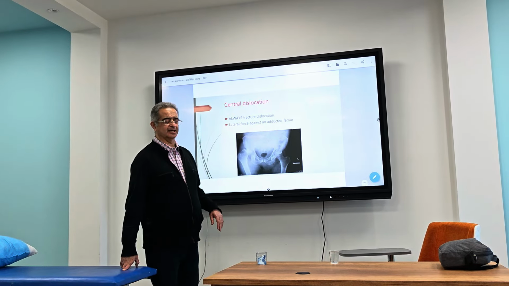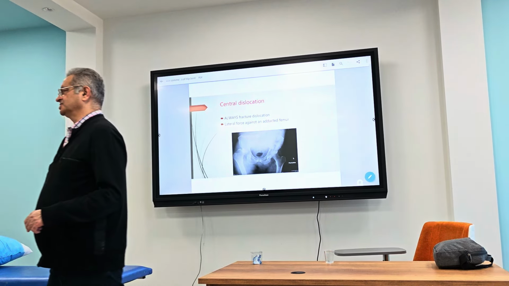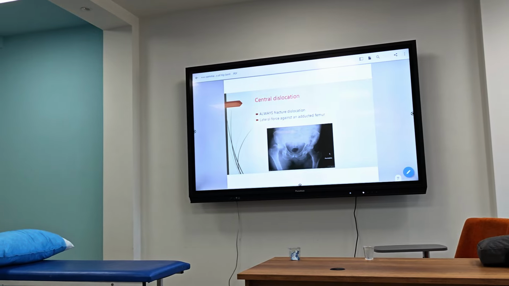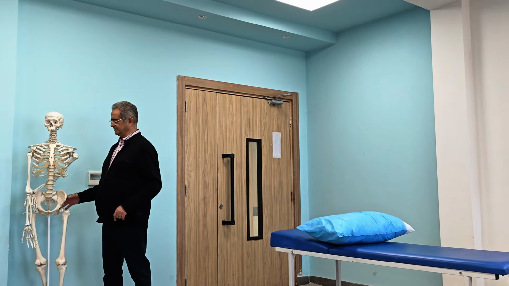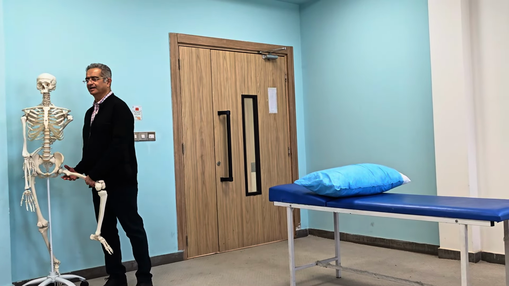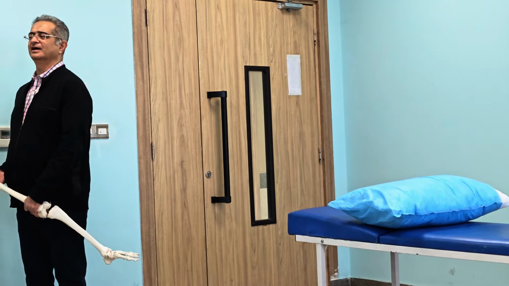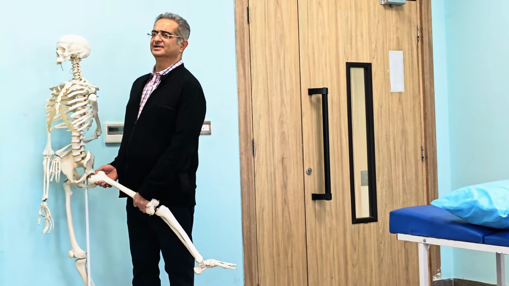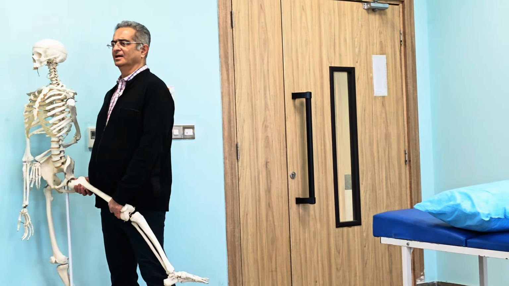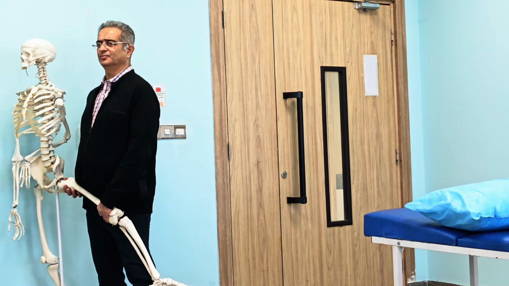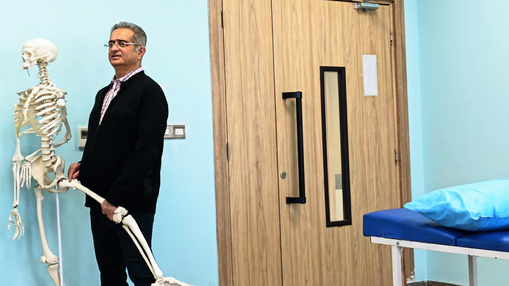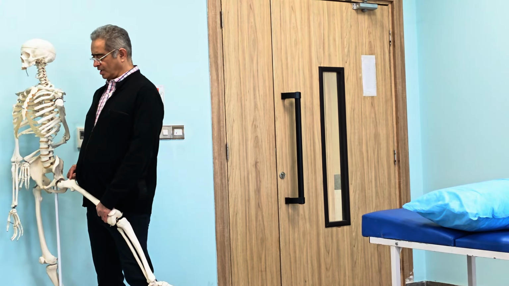So we are checking the dislocation. Just want to add something for you. We do have the neck of the femur. The neck of the femur is the weakest part of the skeleton in terms of circulation. Why?